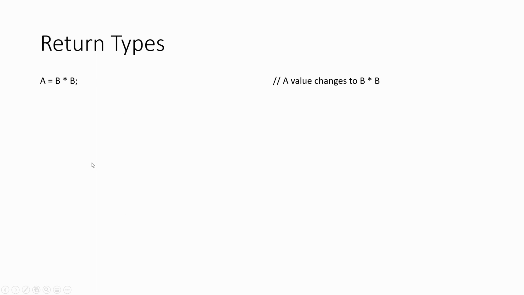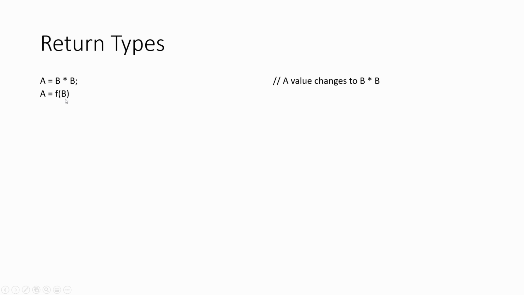To talk a little bit more about return types, imagine we have this square function in just basic mathematical terms. A is equal to B times B, right? And so this would also be known as B squared. In this line of code here, this takes B times B, takes that value and assigns it to A. Now imagine if we took that same formula, but instead we ran it through a function.